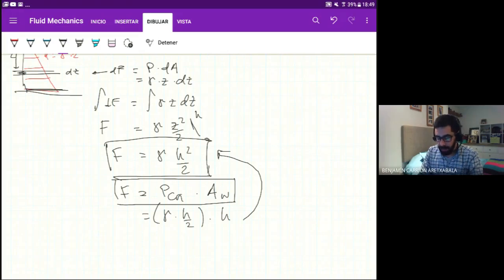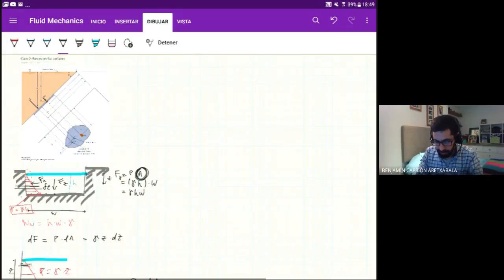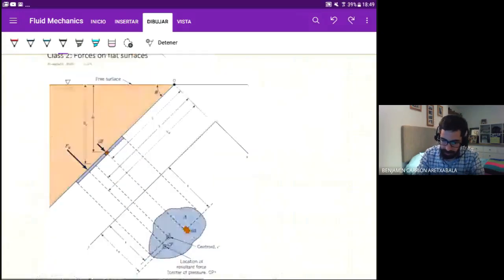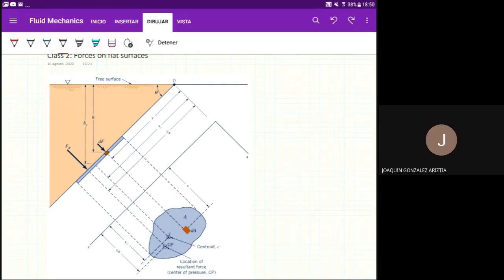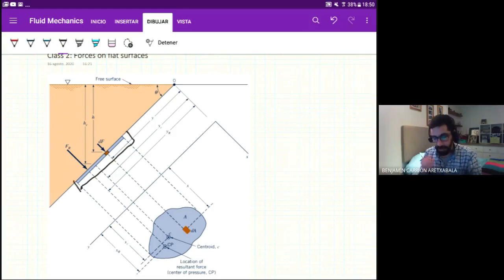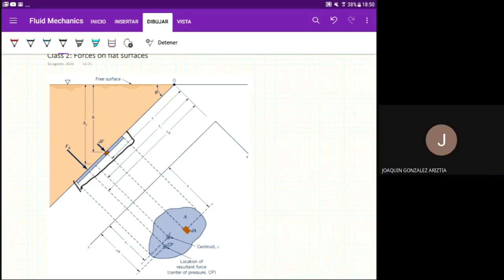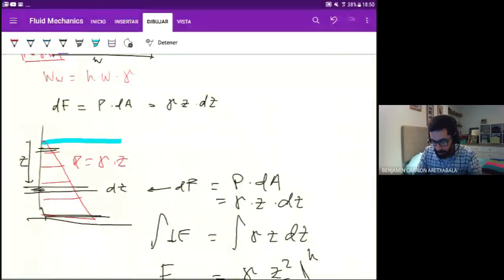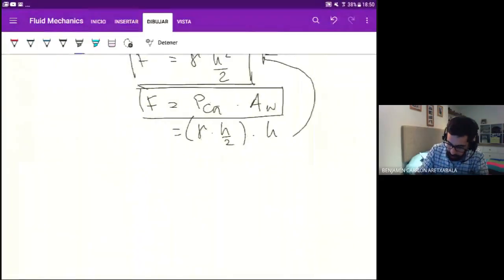The general one is this figure here: the orange thing is the fluid, and we have an inclined wall, and we want to compute the force on this portion of the wall. I'm going to show you step by step, and we should get to the same result, hopefully.